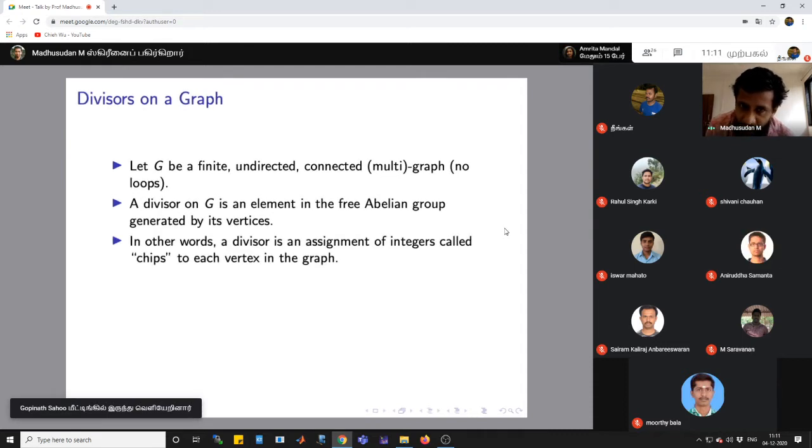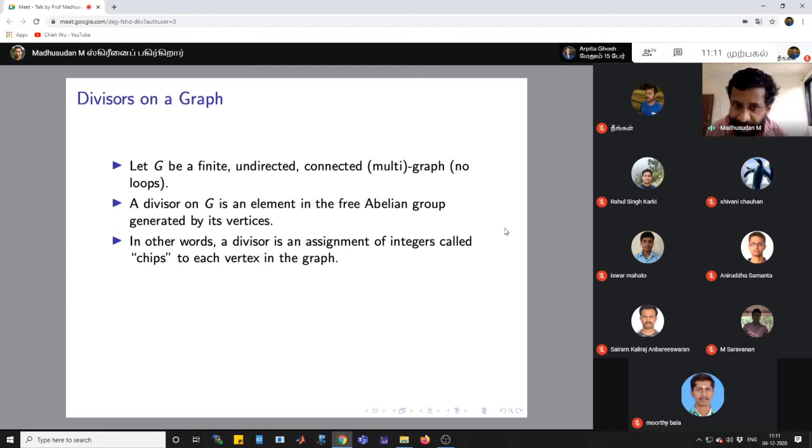vertices of the graph. An intuitive way to think about this is that a divisor is simply an assignment of integers called chips to every vertex in the graph. Okay. So these integers, they can be positive, negative, or zero. We call them chips. That's how traditionally they are called in literature. But sometimes they are also thought of as some kind of currency, some rupees or dollars.